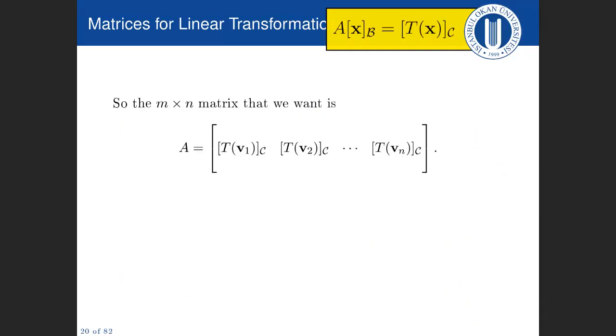The m by n matrix that we want is this one. First column, coordinates of T of v1. Second column, coordinates of T of v2, and all of the way up to the nth column, coordinates of T of vn.